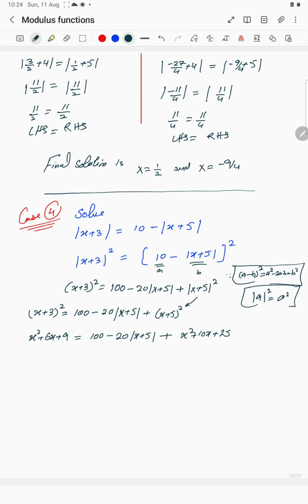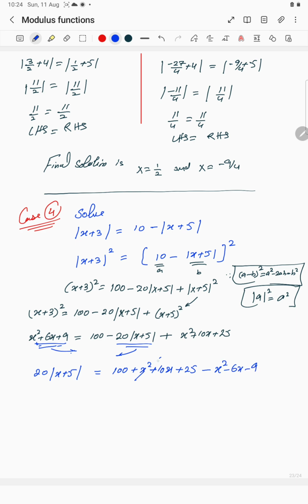Now what to do? Separate the mod function on one side and the rest on the other side. Because of the minus, I'm shifting this to the left hand side, and everything else from the left towards the right hand side. We get 20 times |x + 5| equal to 100 plus x squared plus 10x plus 25, and now shifting from the left hand side, minus x squared minus 6x minus 9.